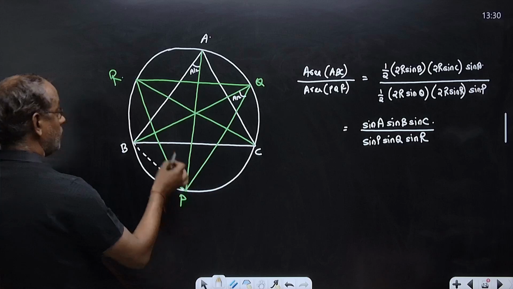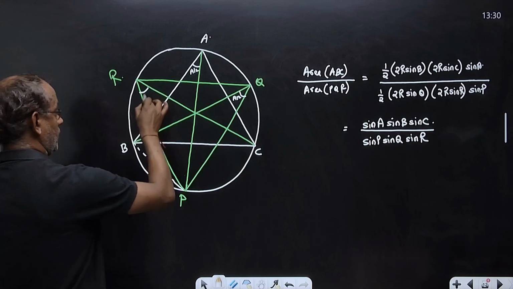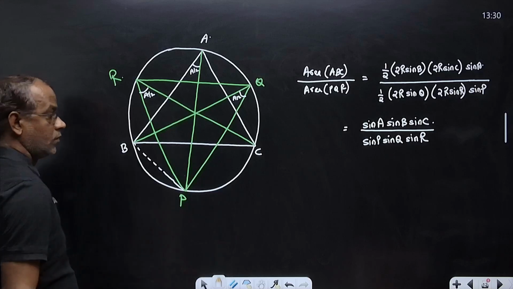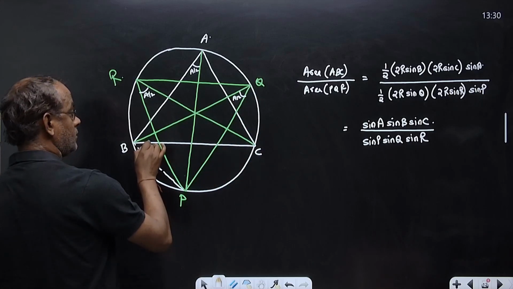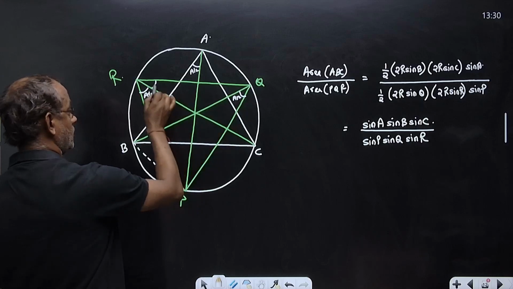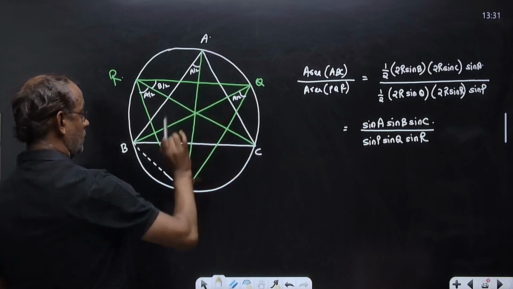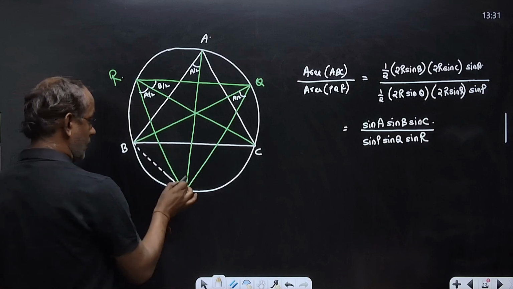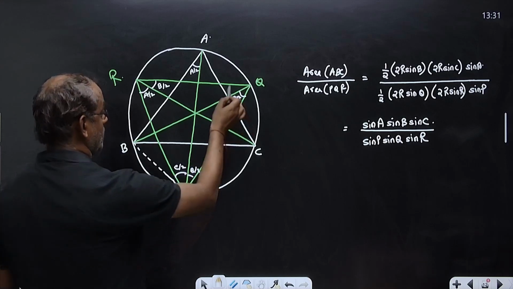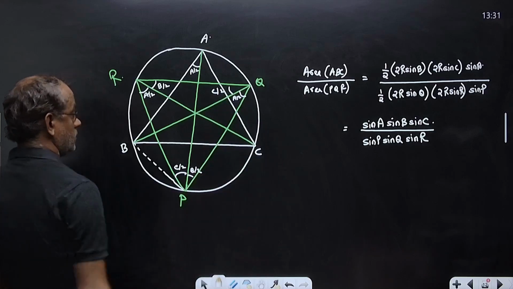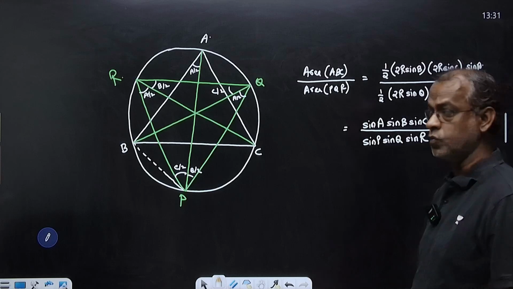This chord subtends B by 2 here, it will subtend B by 2 here. And similarly, C by 2. Okay. So A plus B by 2.